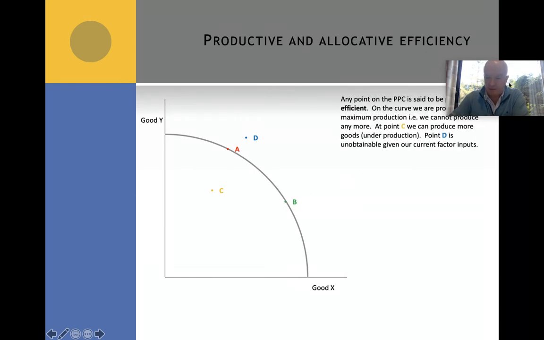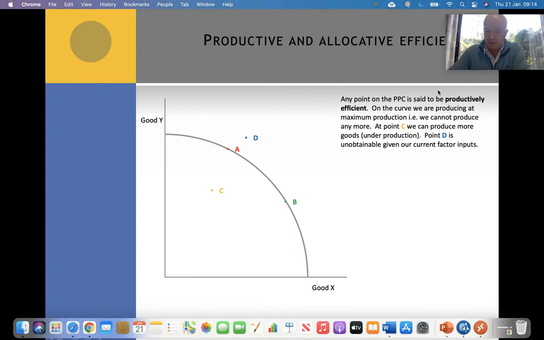Now, if we take this first example, any point on the PPC, this is the point at which our curve is on the production possibility curve. That's essentially any point on this area here is where we are being productively efficient. Okay, so we're producing the maximum we can from the resources that we've got available, and you can see in this instance we've actually listed 4 points.